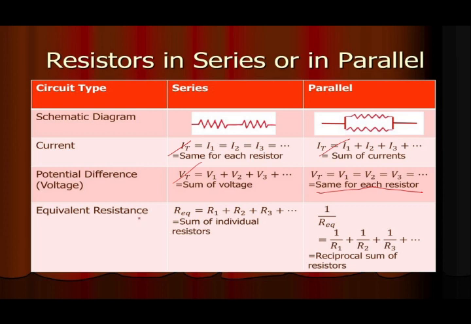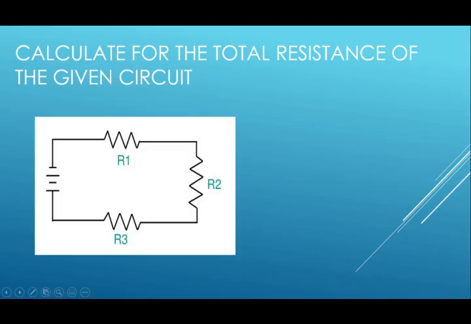To compute the equivalent resistance of resistors connected in series, you simply add them up. Whereas, to compute the equivalent resistance of resistors connected in parallel, you have to get the reciprocal sum of the resistors.